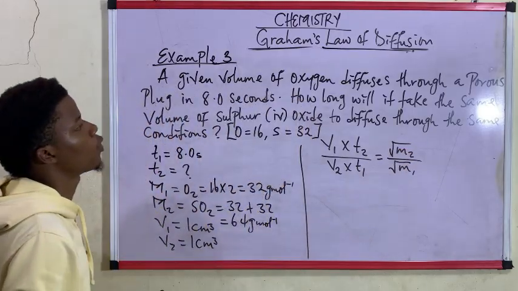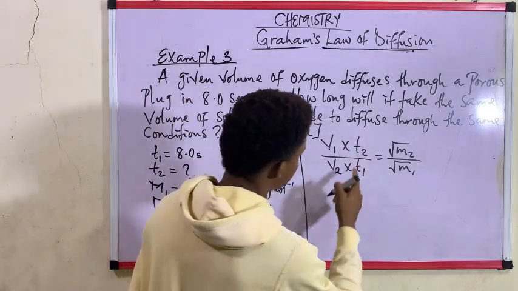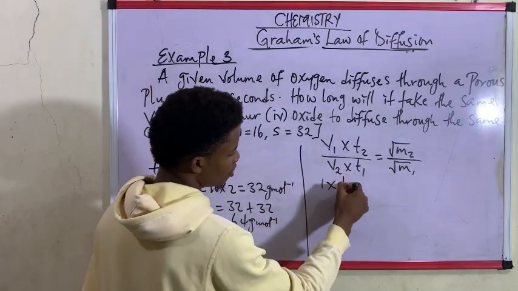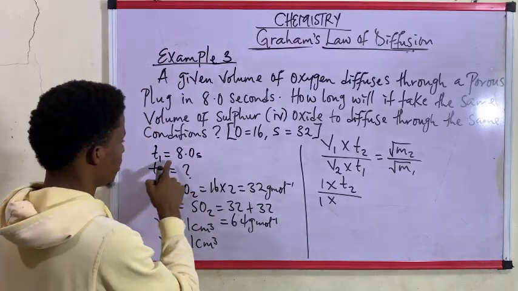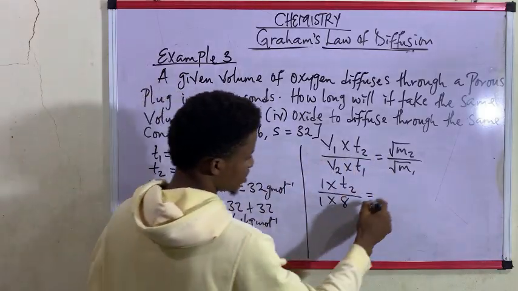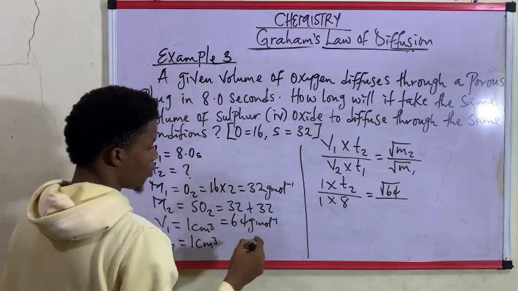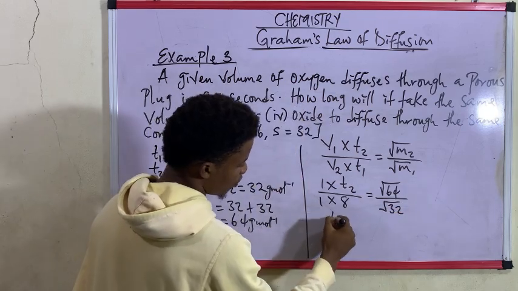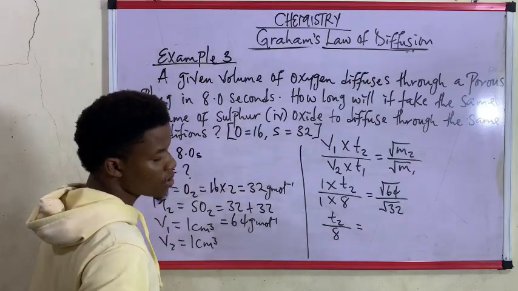Remember, we are looking for how long will it take, so that's T2. So V1 is 1 times T2 all over V2, 1 times T1. T1 is 8, equals root M2, root 64, all over root M1, root 32.